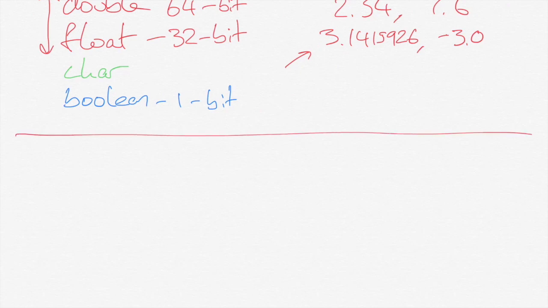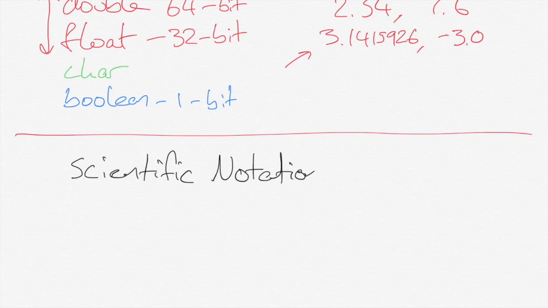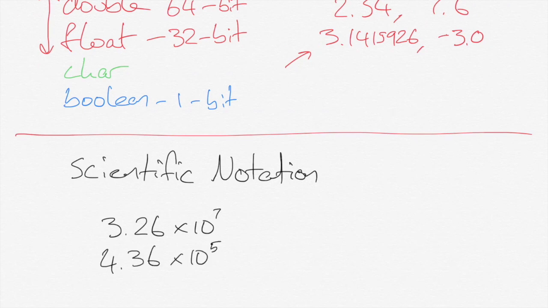Before I go any further, let's talk a little bit about the standard scientific notation. Using our old decimal system, we should know enough to know what 3.26 times 10 to the 7 is. How does that compare to something like 4.36 times 10 to the 5? Which number is bigger? Well, we know that this thing here is 3.26 with 7 zeros after it.